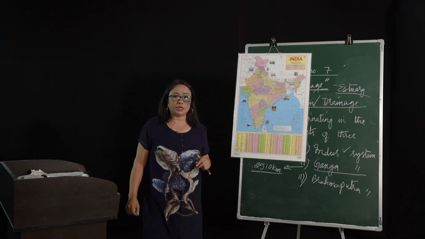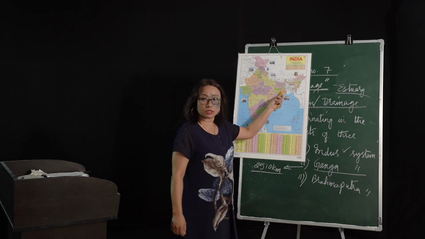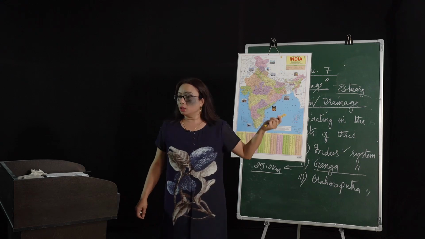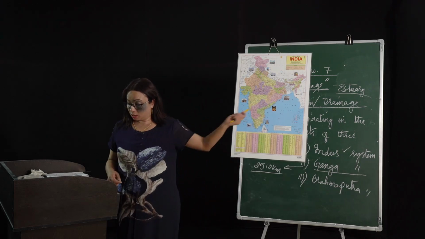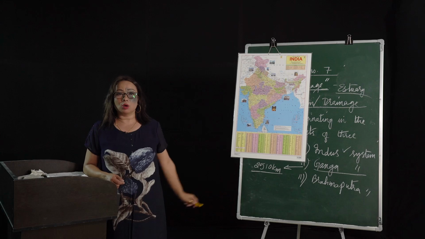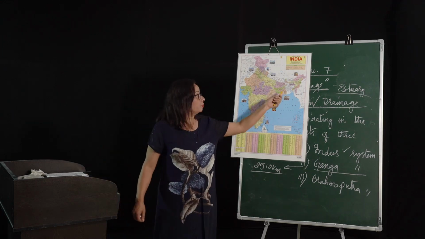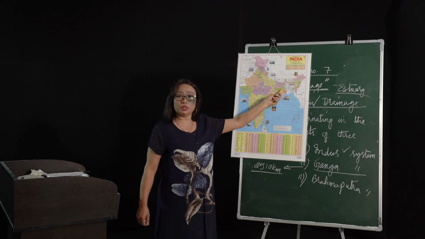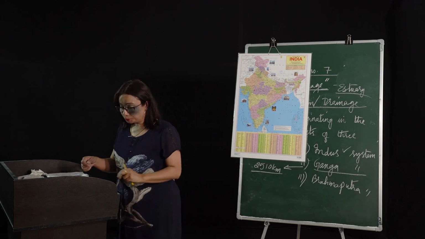The Sundarbans Delta, we find it in West Bengal in India as well as in Bangladesh. It is also called the Green Delta, the Ganga Delta, or the Blue Lake also. We find the Sundarbans Delta half in Bangladesh and half in India, and it is the biggest delta also.